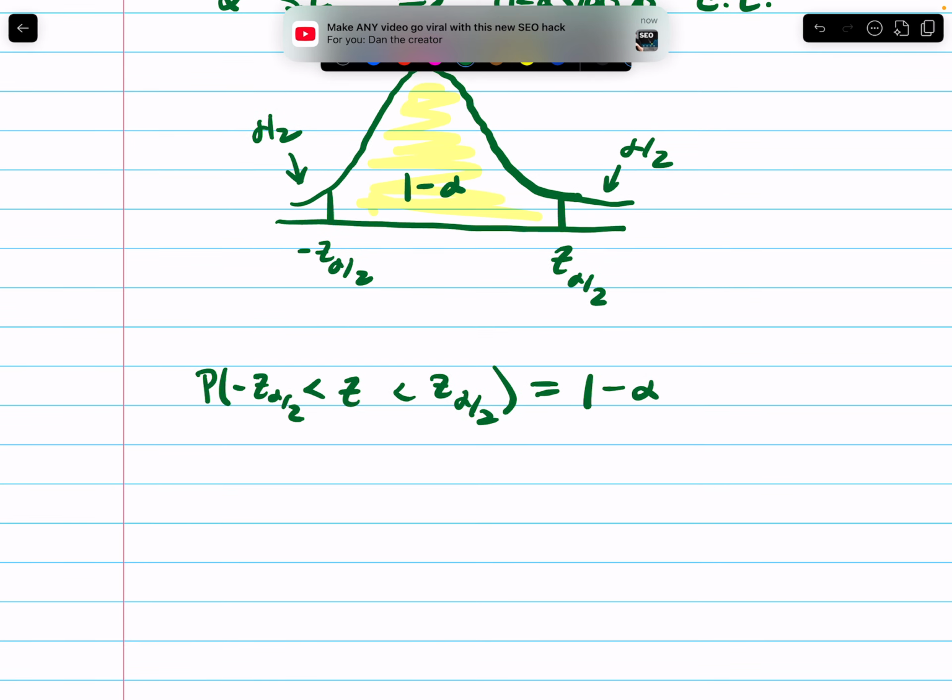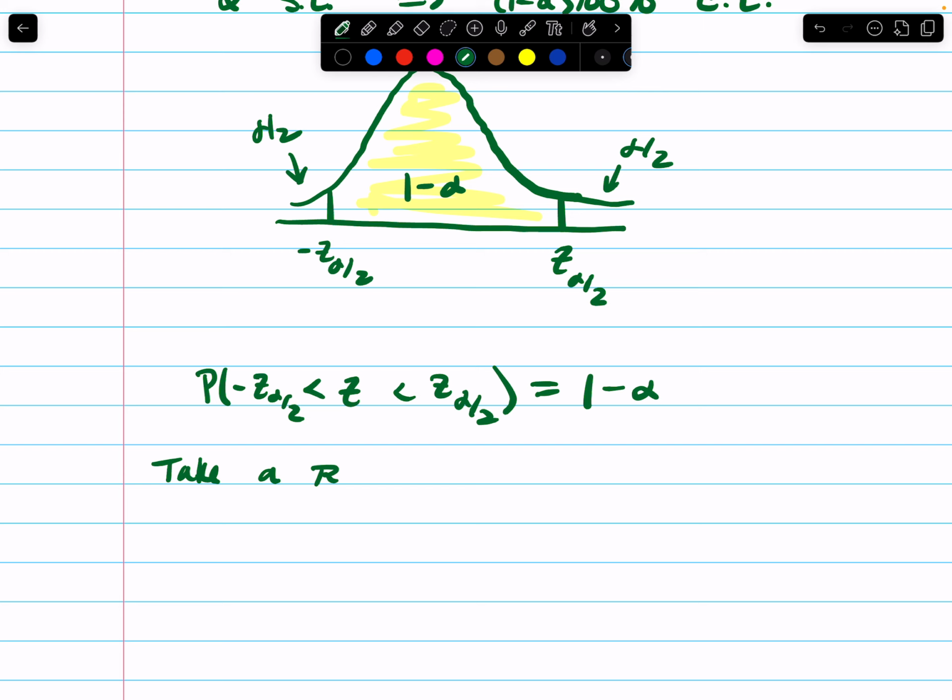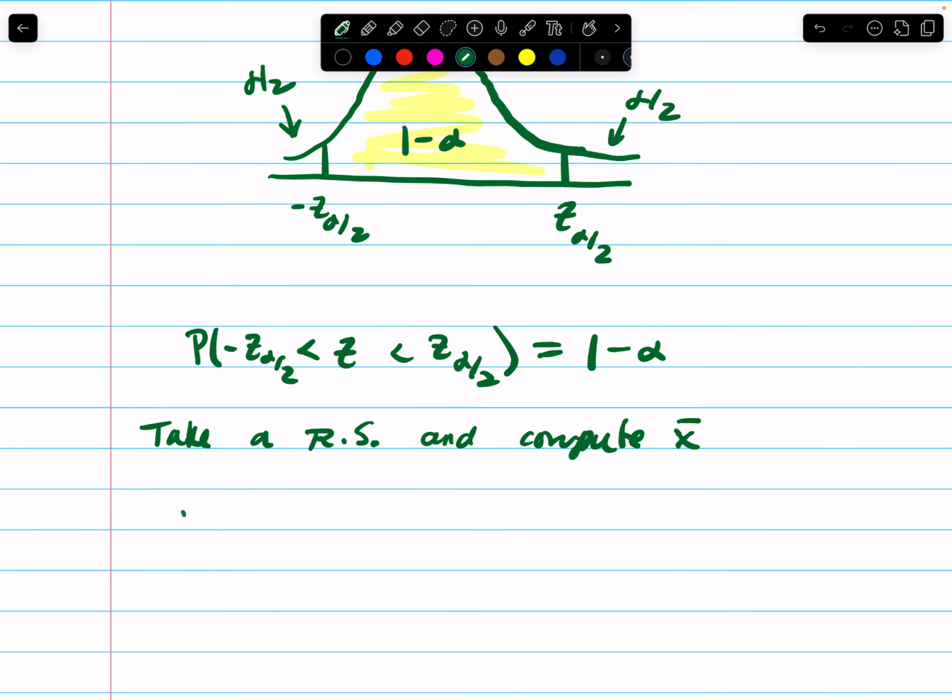Okay, so our process is we're going to take a random sample and compute the sample mean. Now the central limit theorem tells us that the sampling distribution of the mean is approximately normal, whose mean is the mean of the population, which we don't know, and whose variance is the variance of the population divided by the size of the sample.